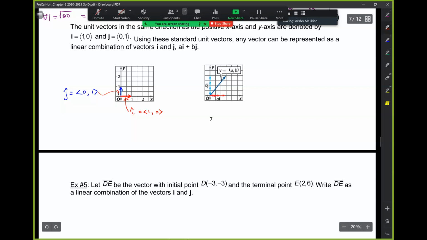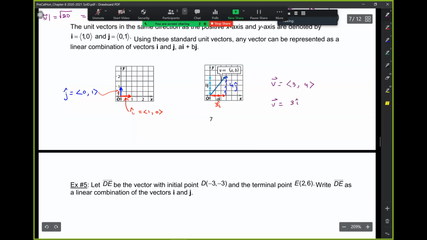I used 3 i hats, and how many j hats to create this one? 4. 1, 2, 3, 4 j hats to create that one. So that vector v, what is it in component form? It's 3, 4, right? But I can also write it another way.